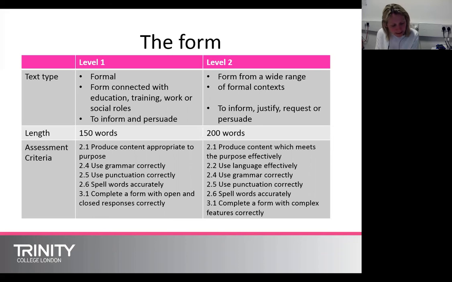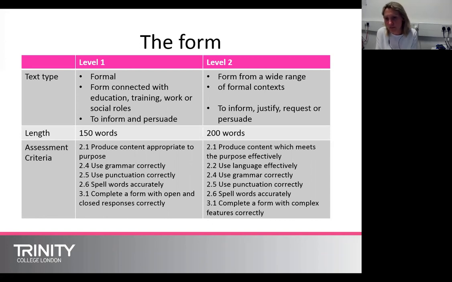It's about selecting language features that are appropriate for this text type. So specific lexis, collocations, any idiomatic expressions, the mode of address that is appropriate for the text that candidates are writing. So this is where the purpose is important for the task.